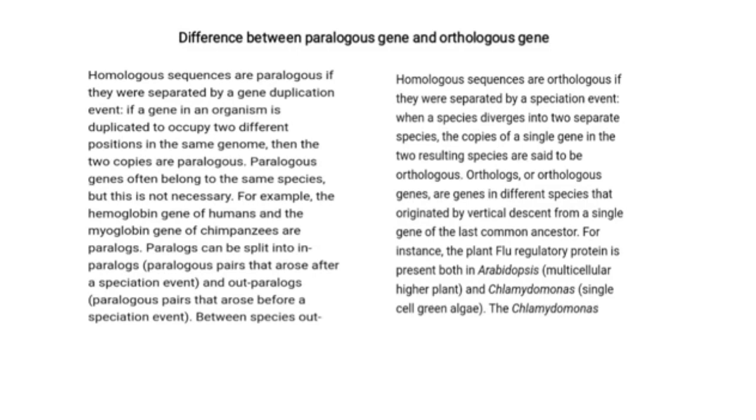So orthologous genes are genes in different species that originated by vertical descent from a single gene of the last common ancestor. For instance, the plant flu regulatory protein is present both in Arabidopsis and Chlamydomonas. So this is an example you will give for orthologous gene.